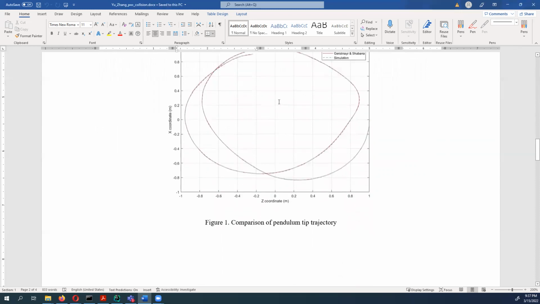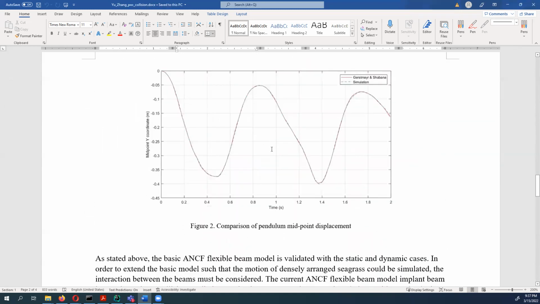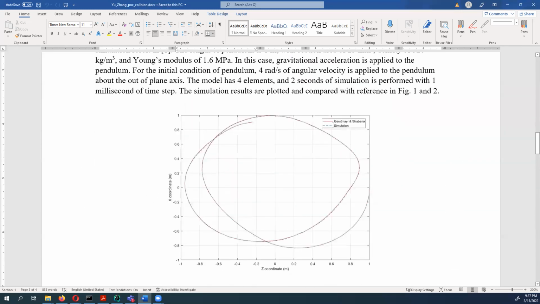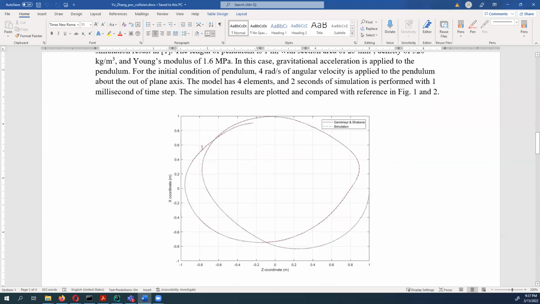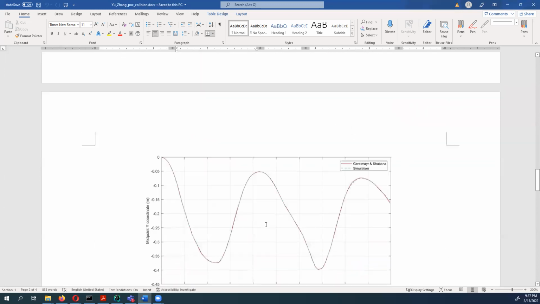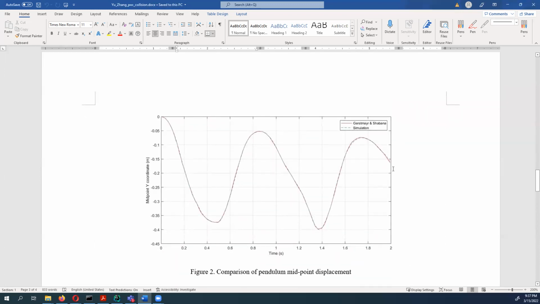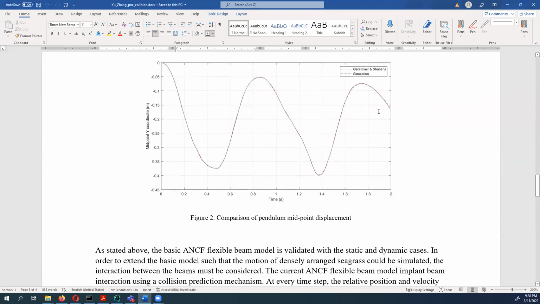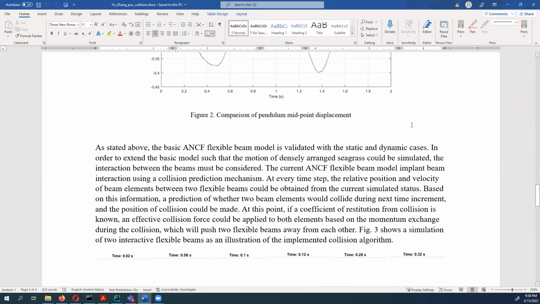And so as you can see, these are the comparison between the literature data and the simulation data. The two curves are very close to each other, showing high accuracy of the numerical simulation. And this is a different figure showing the dynamic simulation has a high agreement with the literature data.